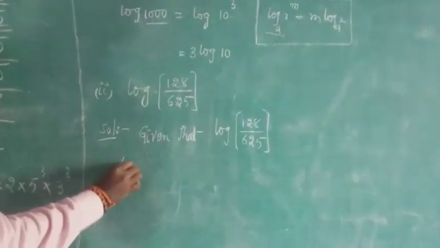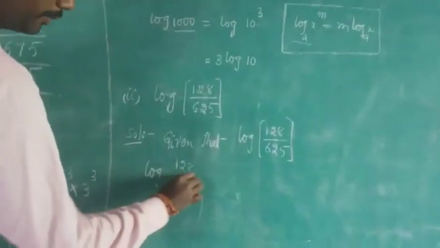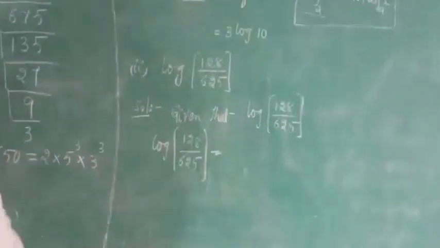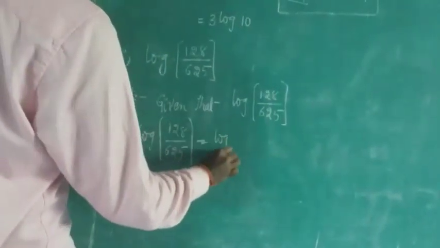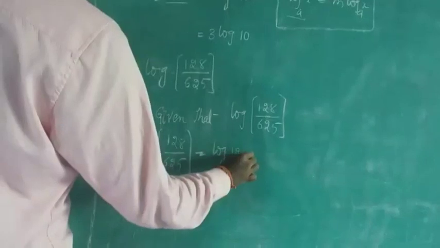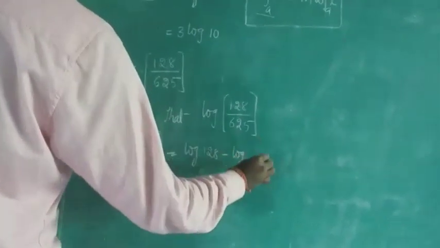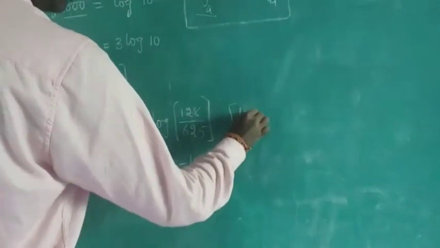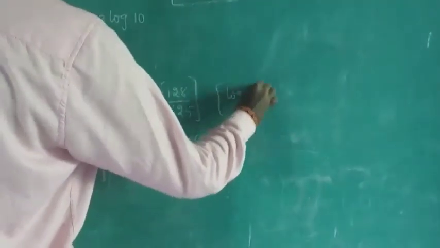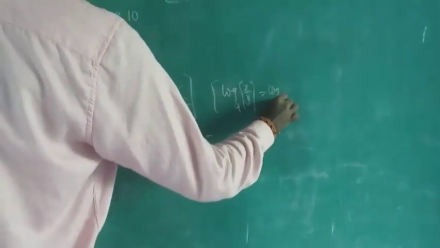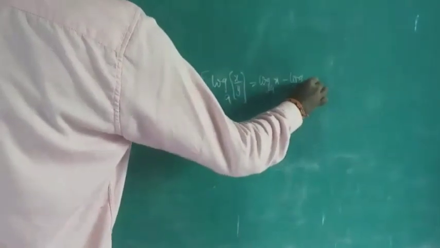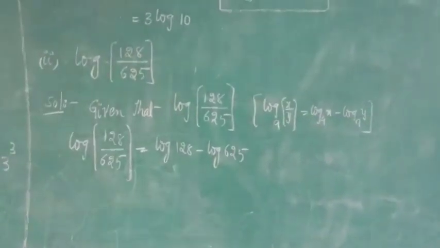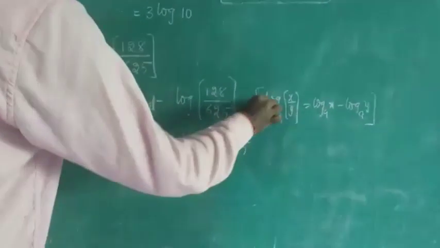See, we have a formula. What is that formula? Log x by y, so we will write log 128 minus log 625. The formula I am mentioning here is log base a of x by y equals log base a x minus log base a y. Right?